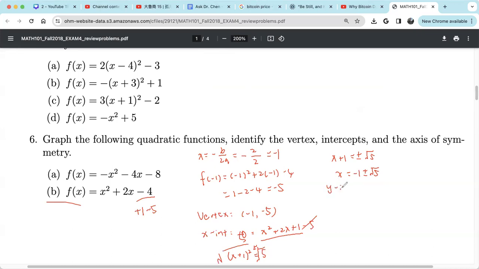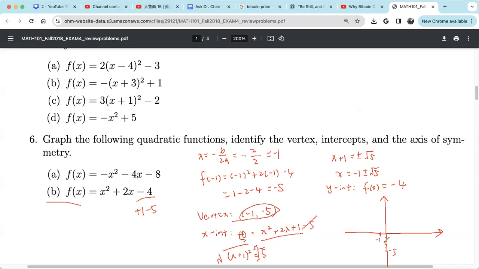Let's see the y-intercept. The x value is 0. We want to find f of 0, which is negative 4. Right. All right, now we can graph. Graph our vertex first, (negative 1, negative 5). Let's see, 1, 2, 3, 4, 5.